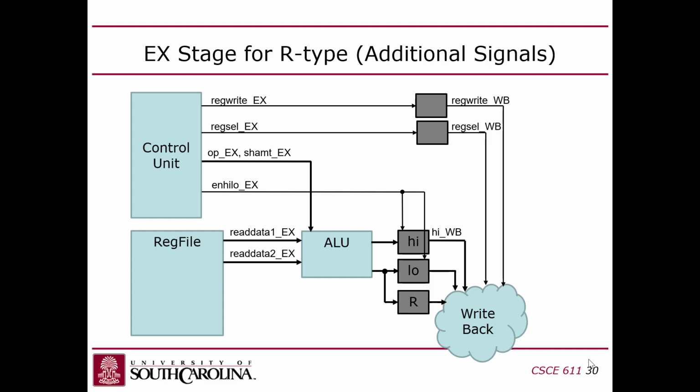Notice I added these suffixes here. Reg write EX is the reg write signal corresponding to whatever instruction is currently in the execute stage. And the reg write back is matching up to whatever instruction is in the write back stage, which is whatever was in the execute stage in the previous cycle, right? So that makes it a little easier to debug by having those suffixes there.